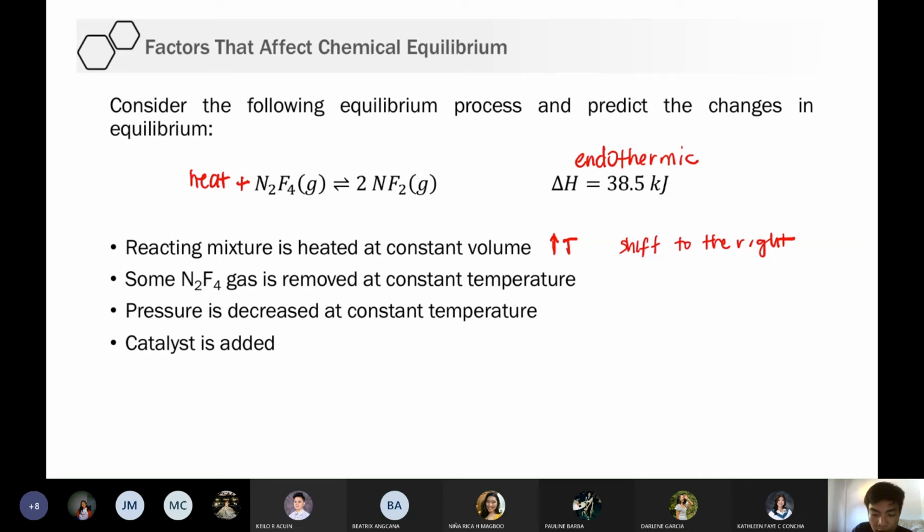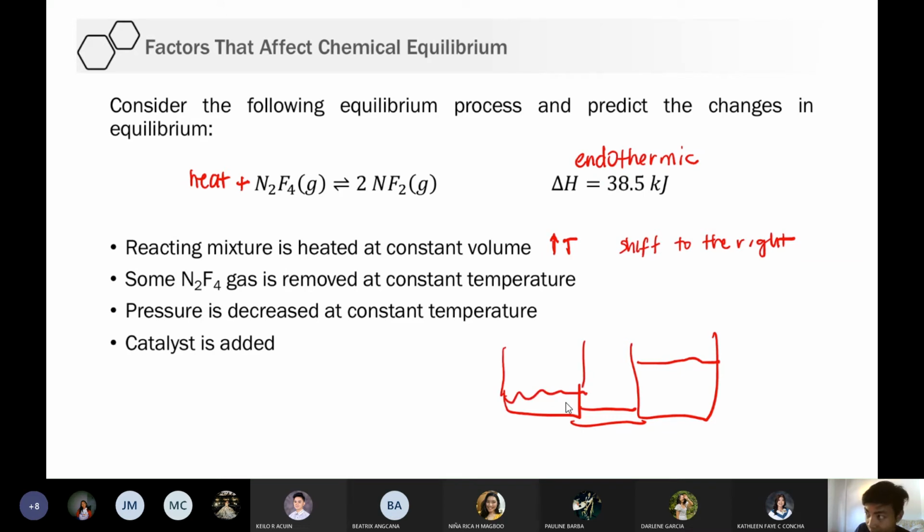So let's have letter B. Some N2F2 gas is removed at constant temperature. So we remove some of the reactants. Imagine the water bucket again. They are balanced, but if we remove N2F2, that means we are decreasing the water level on the left side.